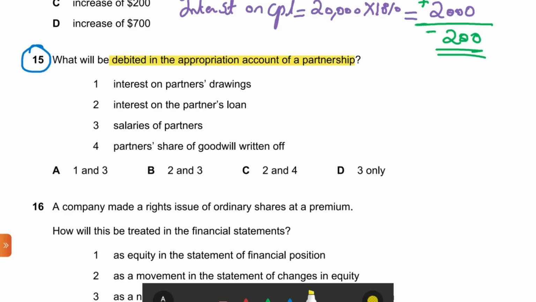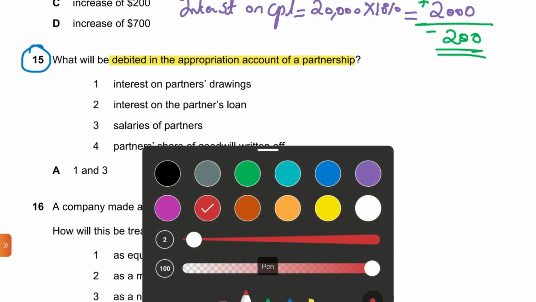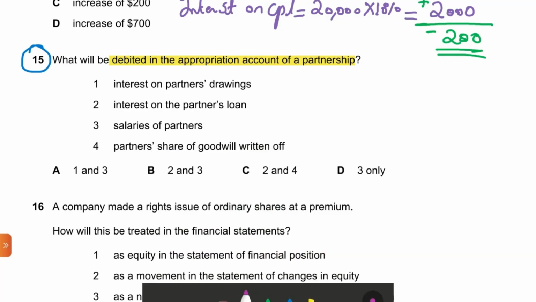The business firm prepares the profit and loss appropriation account in view of the transactions between the partners and the partnership firm. So, interest on partners' drawing: the partnership business is collecting it from the partners, so it is not going on the debit side, it is going on the credit side.